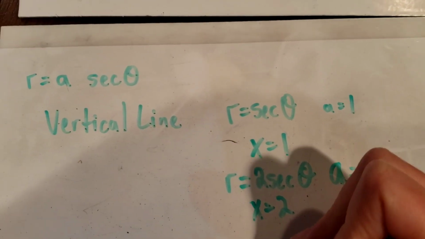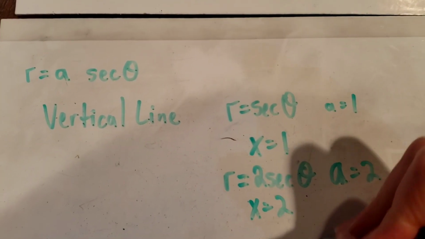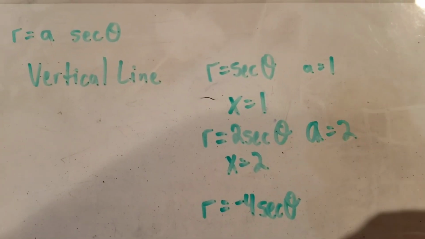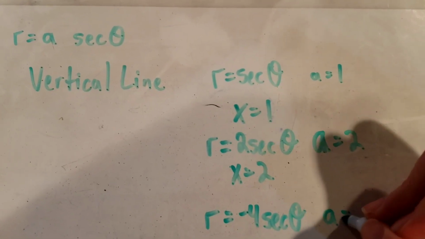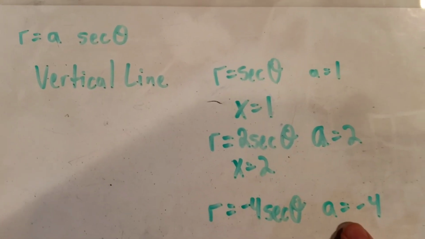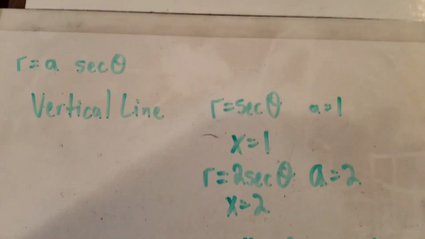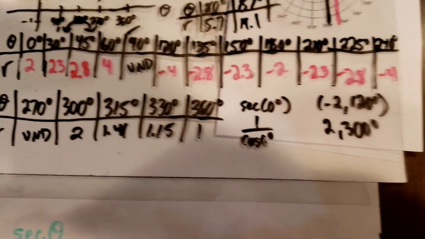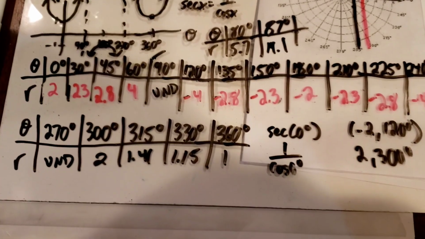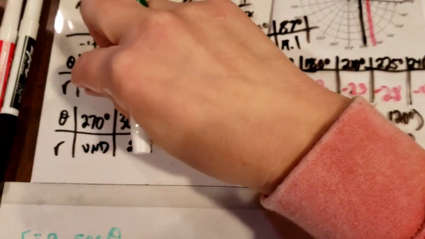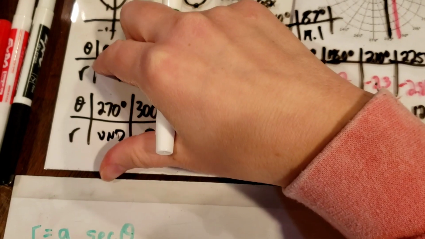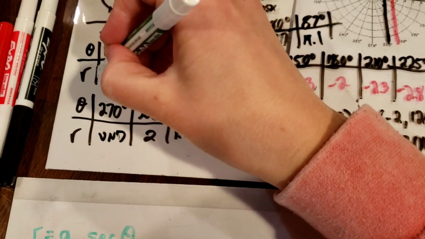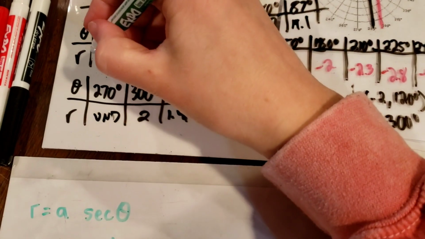If I took a and I made it negative 4 secant theta, we're going to have a vertical line in which a is negative 4. So if you were to multiply all of these r values here by negative 4, the original ones, right? This was originally right here 1. This would become negative 4.